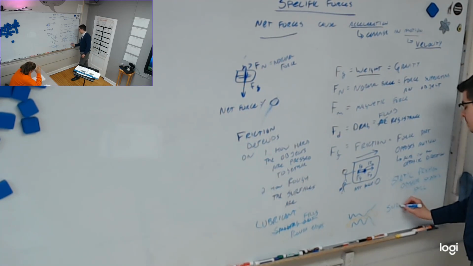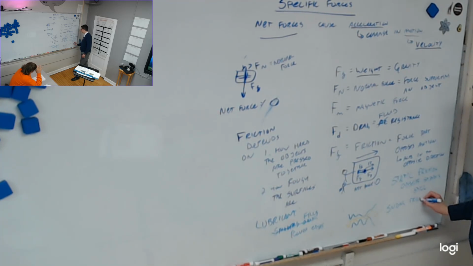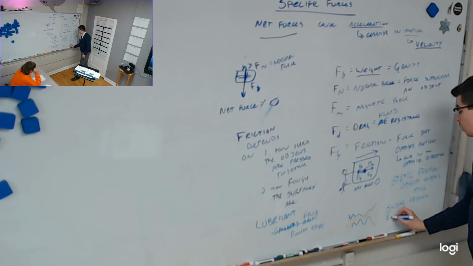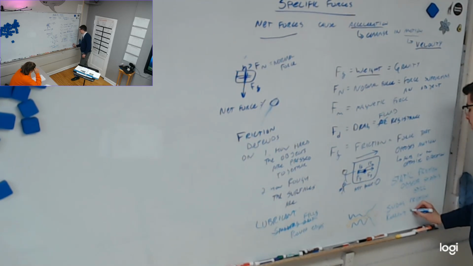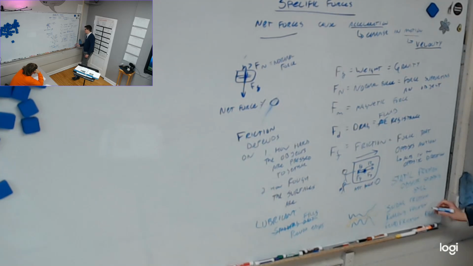Sliding friction, which is what we've been talking about so far. Rolling friction. And then there's also something called fluid friction, which is the same as drag that we already talked about. But almost always, I can't think of any example when this isn't true, the sliding friction is greater than rolling friction.